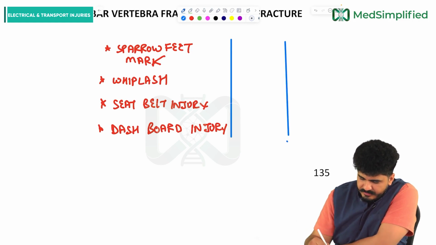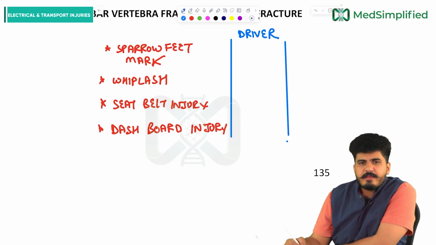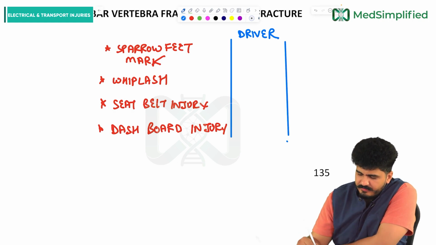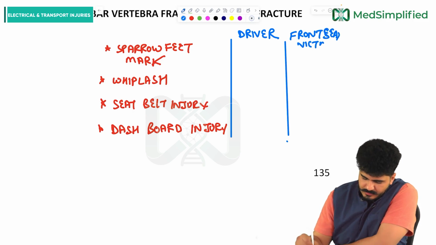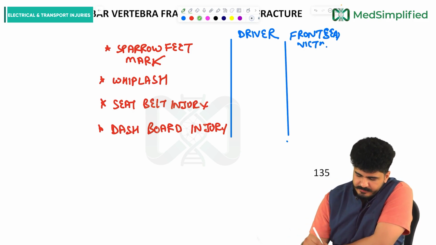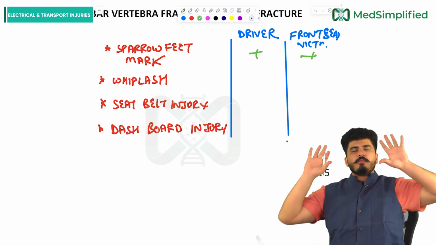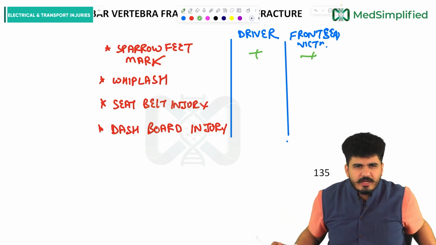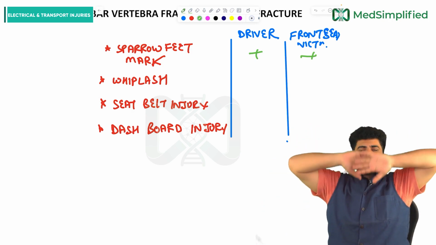Now we compare two people here. Here we have the driver, plus we have the front seat victim, or you can say the shotgun seat. Let's see sparrow feet marks. The sparrow feet mark can be seen on both. Both will have impact, both can go to the glass shield and have the same impact.